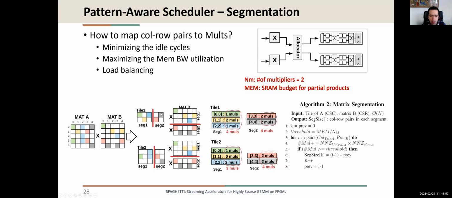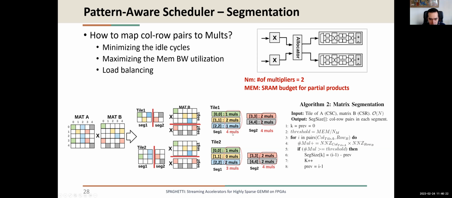If you look at the tile 1, we're going to do outer product, right? So we're going to take columns from tile 1 of matrix A and rows from matrix B. If I divide it in this way, the first 3 columns of this tile 1 and first 3 rows of matrix B, and then column 4 and 5 from tile 1, row 4 and 5.